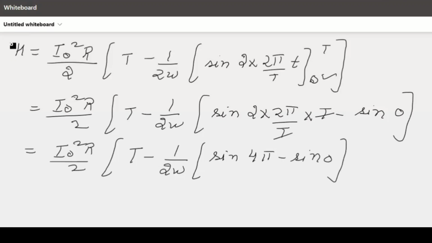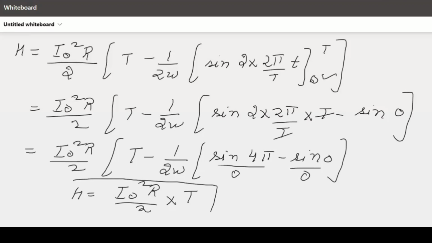The value of sine 4 pi is equal to 0 and the value of sine 0 is also 0. So this equation completely turns out to be 0. So we have the final answer, I naught square R divided by 2 multiplied by T. This is the value of the heat produced in a given conductor.